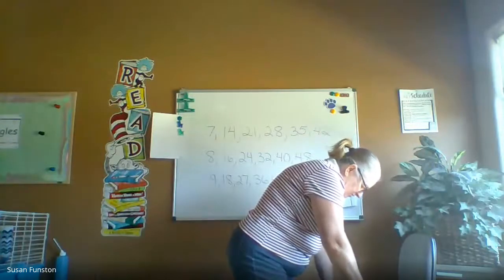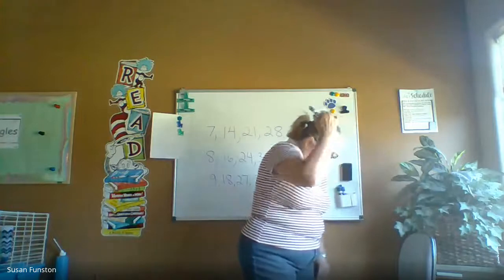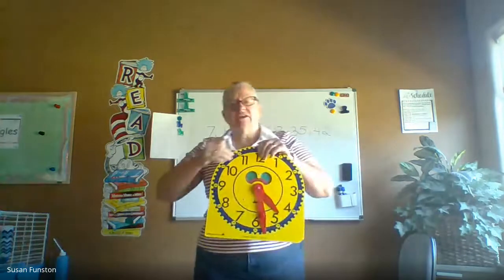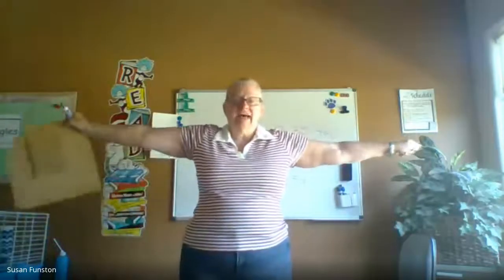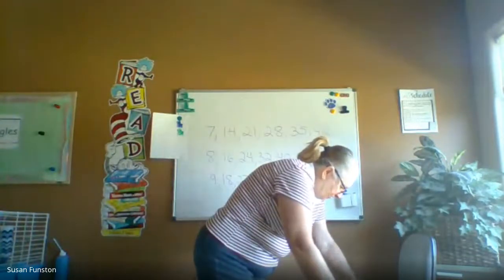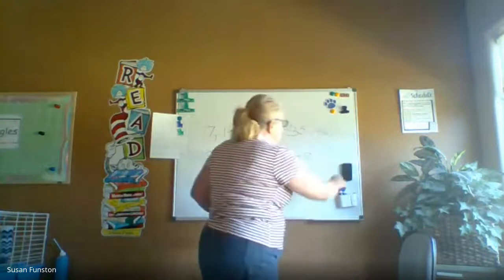Okay, so yesterday we talked a little bit about number lines and how we could take our clock and unwind it so it's not round anymore, it's just a long flat line, and it becomes a number line, just like a regular number line that we're used to working with.